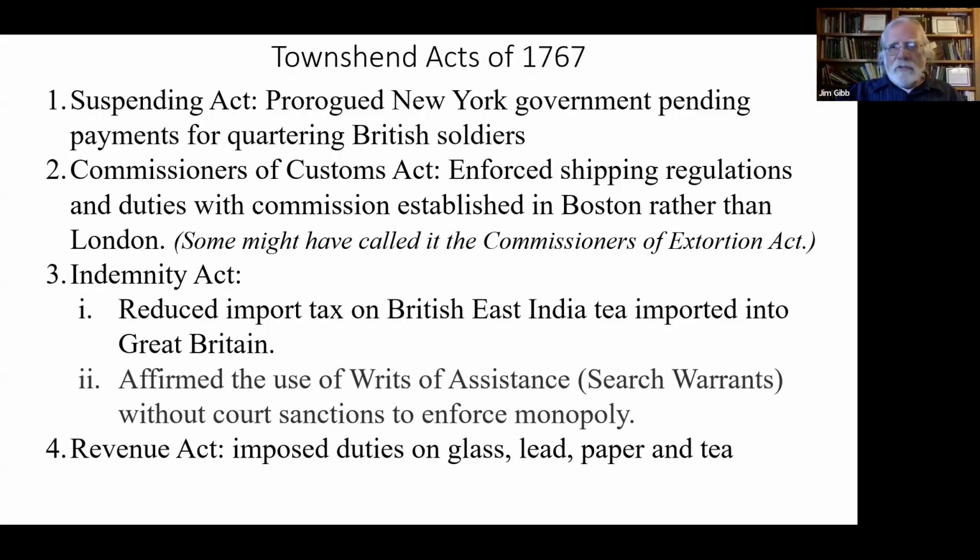The Commissioners of Customs Act moved enforcement of customs regulations from London to Boston and then to some other cities. Some colonists might have called it the Commissioners of Extortion Act, because, as one might predict, it created a lot of opportunity for corruption.